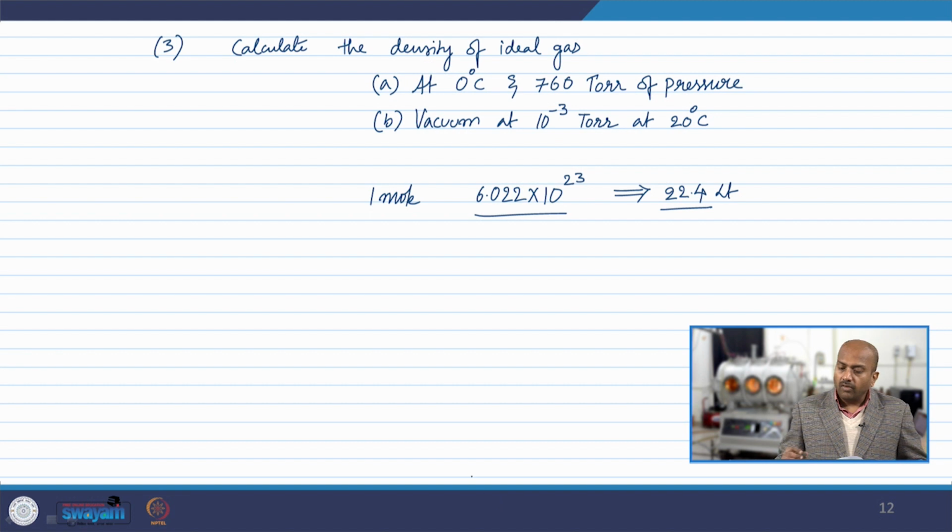What do we have to find? We have to find the density per unit volume, right.